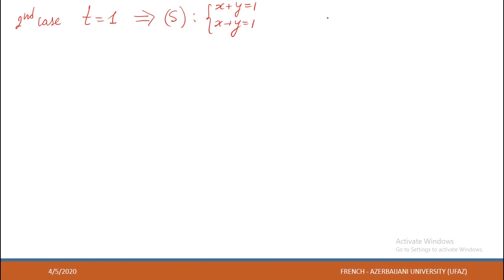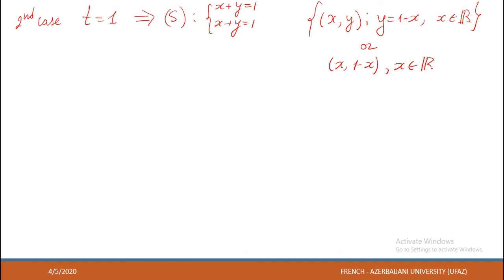The solution of this system will be the pairs of x, y such that y is equal to 1 minus x and x is any real number. Or this one, the pairs of x, 1 minus x, where x is any real number.